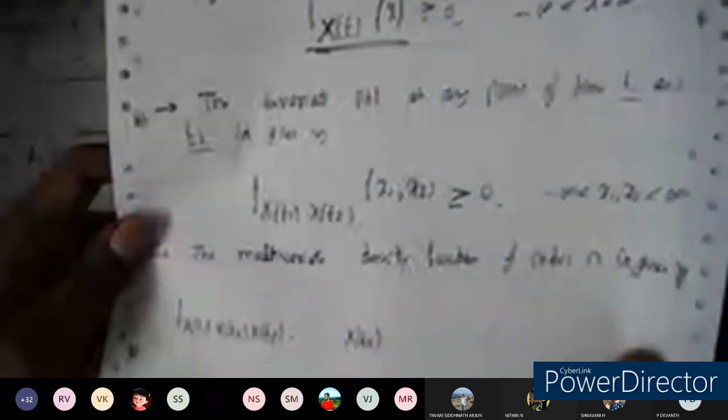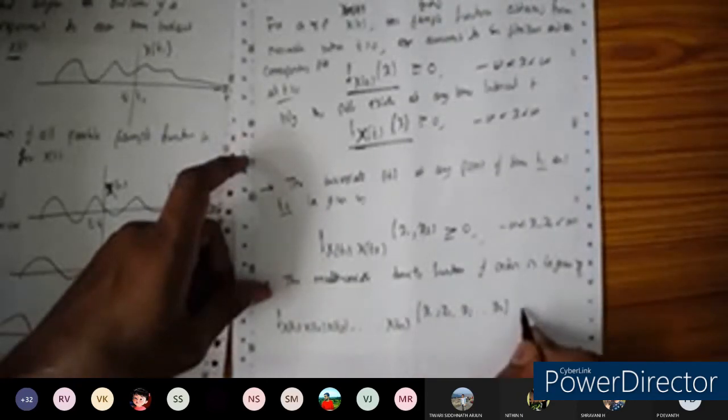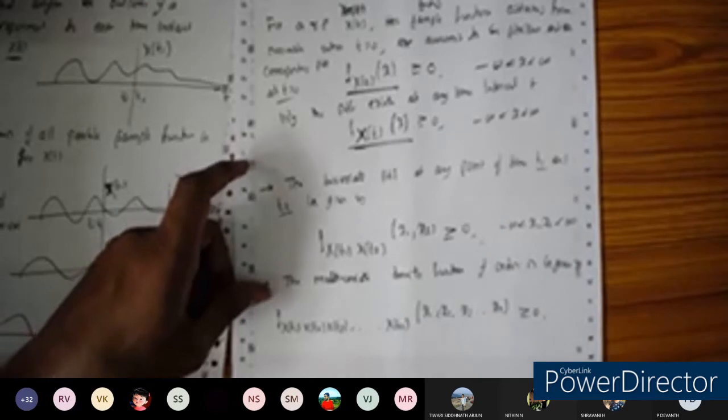Here x1, x2, x3, and so on up to xn can take values greater than or equal to 0, and similarly minus infinity is less than x1, x2, and so on up to xn, which is less than plus infinity. So you can see that.